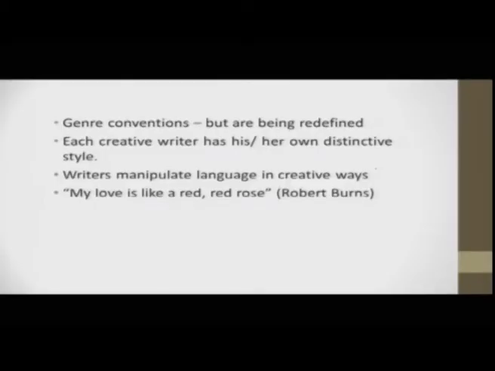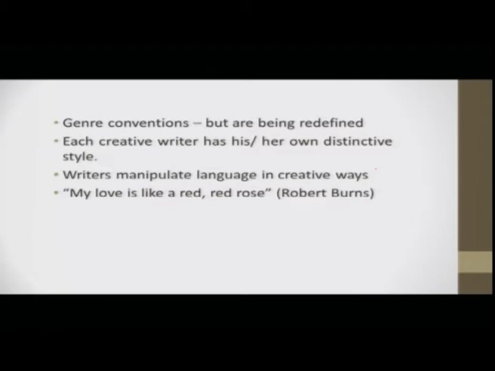So there are some conventions. However, these are being redefined these days, and creative writers always defy these limits and boundaries. Each creative writer has his or her own distinctive style, and this is what makes them popular or not so popular.